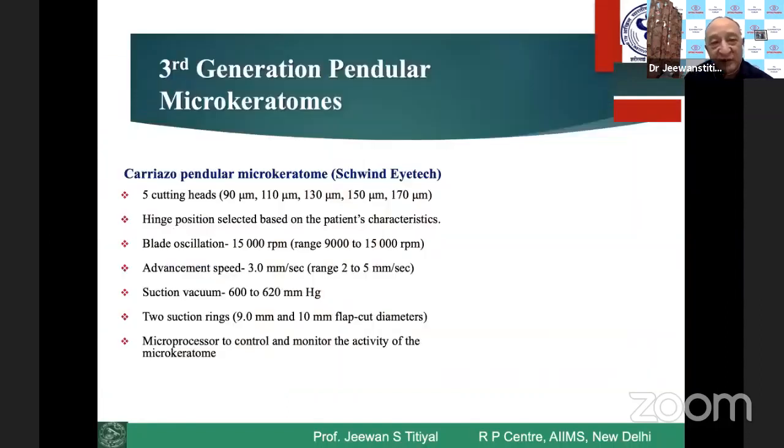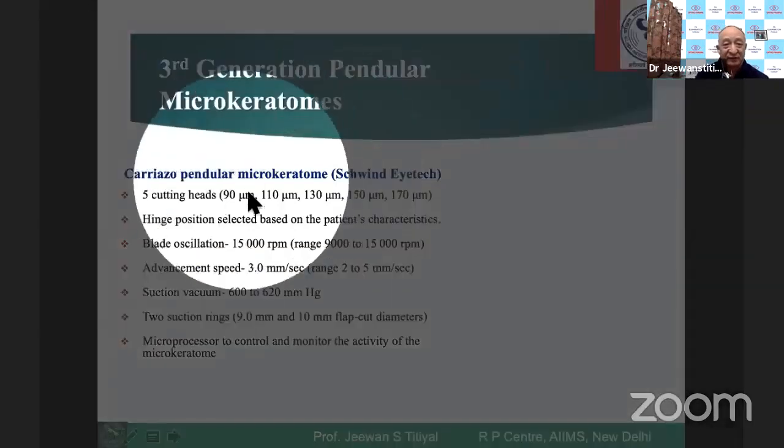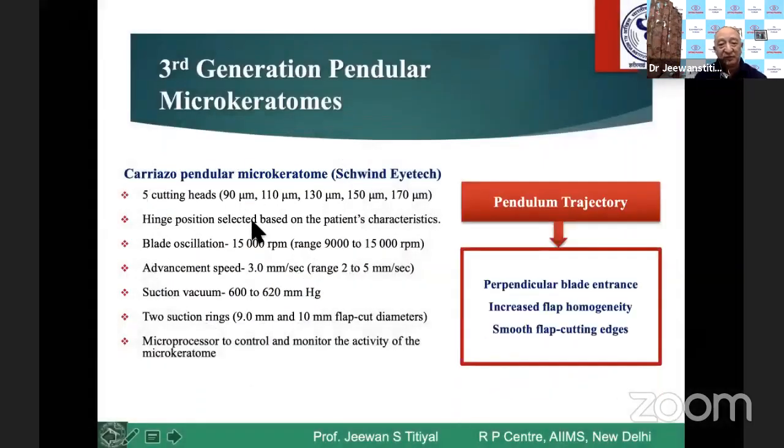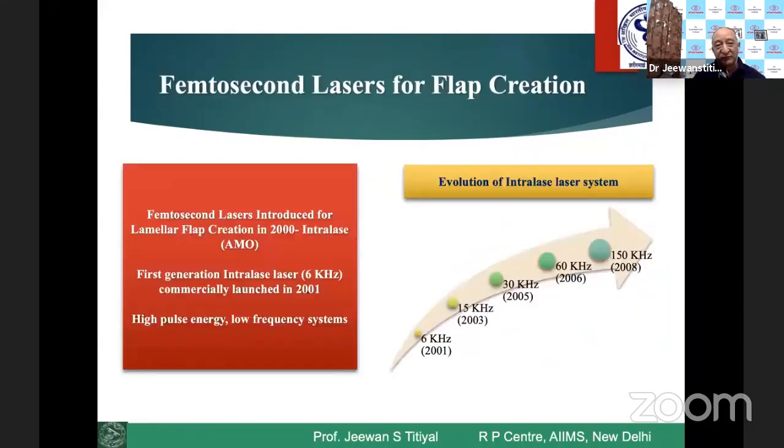You have third generation pendular keratomes also, which give you a very nice thin flap, 90 micron flaps, much safer, and that can give you much more corneal thickness to play with for cases with thinner cornea, with normal corneal topography, which Dr. Rao stressed for a diagnosis or taking away patients with early keratoconus for refractive procedures.